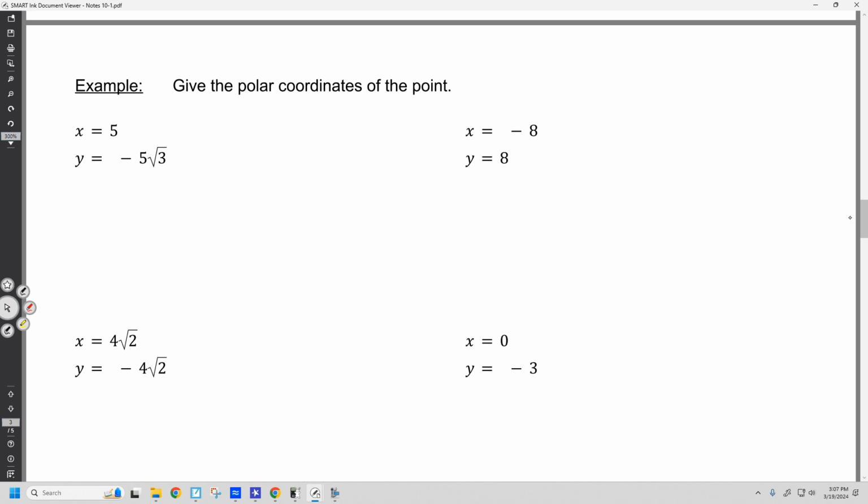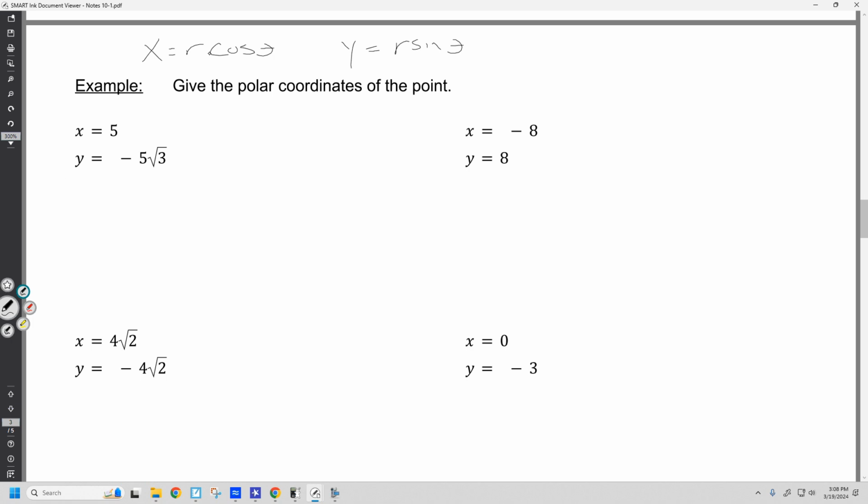There are some formulas that you could use, but I find it's easier instead of using r cosine theta and memorizing x is r cos theta and y is r sine theta, and reversing things by using tangents and going from a theta to a y over x.